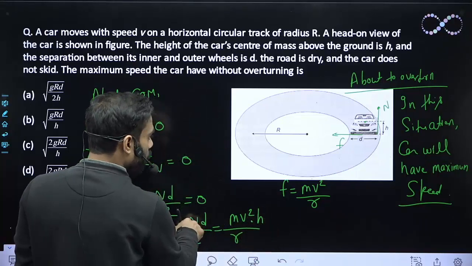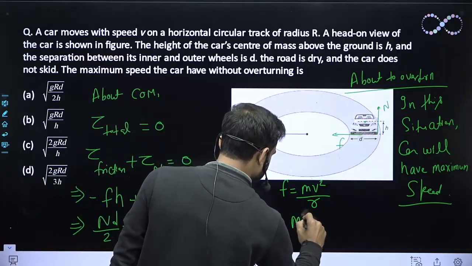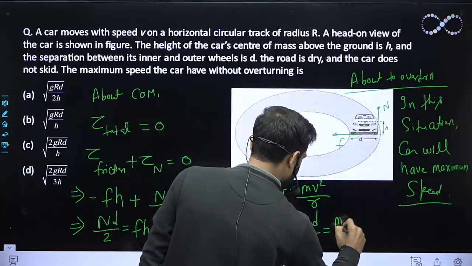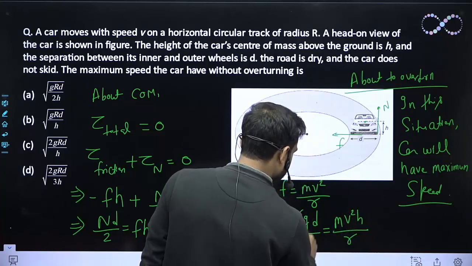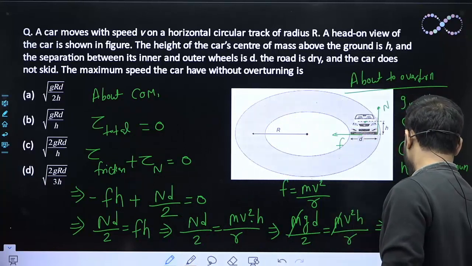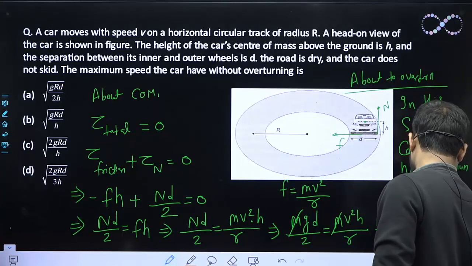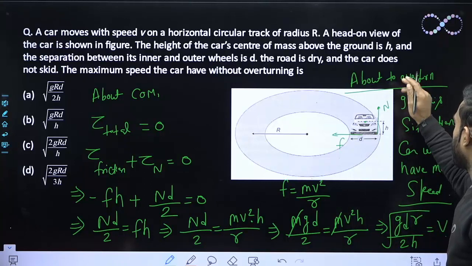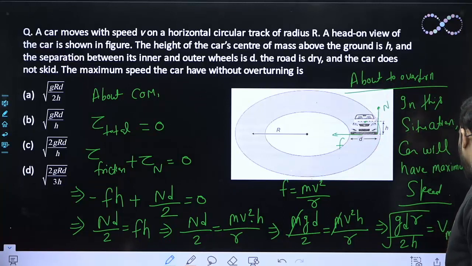The value of N is equal to mg. So mg d upon 2 is equal to mv square h upon r. The m gets cancelled out, and you get v equal to root of g d r upon 2h. This is the value of v when it is about to overturn, and in this situation whatever the speed is, that will be the maximum speed. So this is v max.